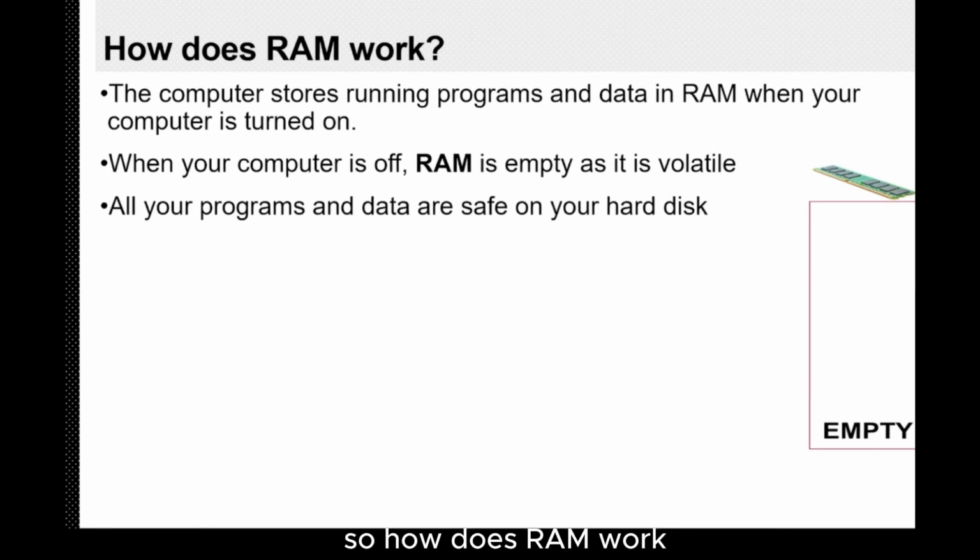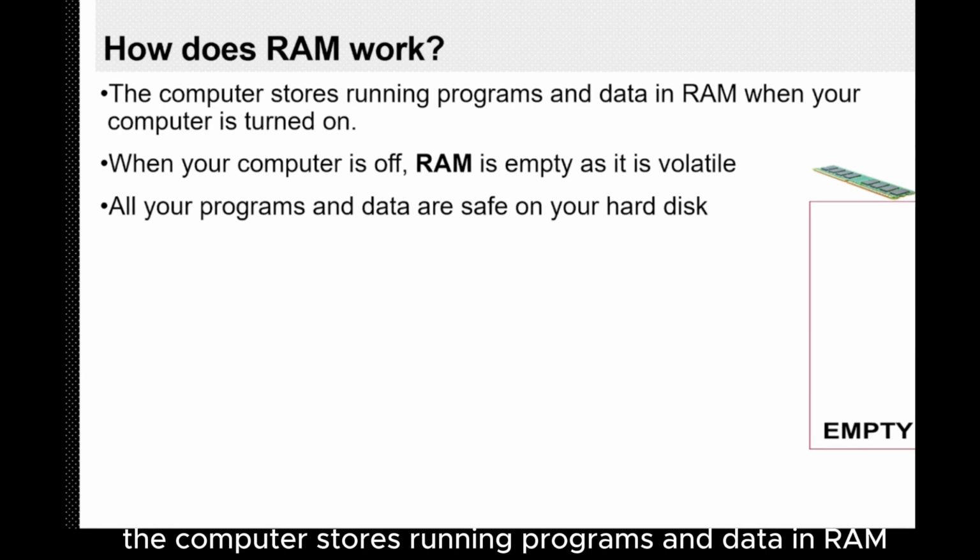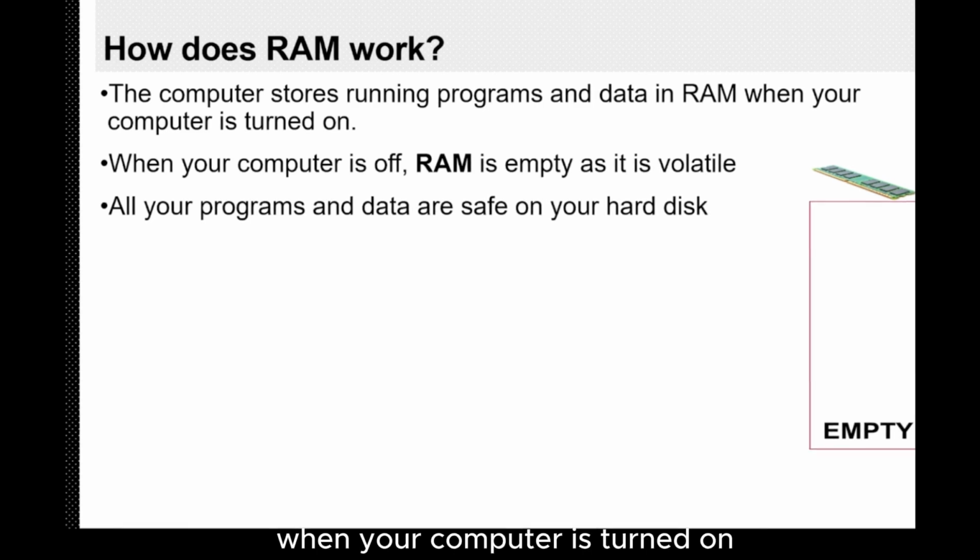So, how does RAM work? The computer stores running programs and data in RAM when your computer is turned on. Remember, in our previous video we talked about what happens when you switch on your computer: the RAM is empty. As soon as you press the button, the RAM starts talking to ROM.